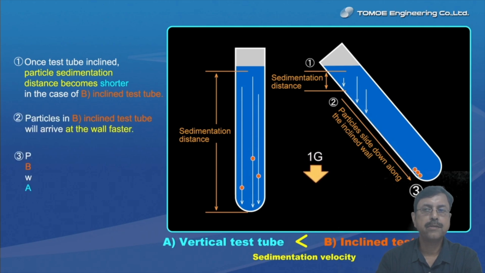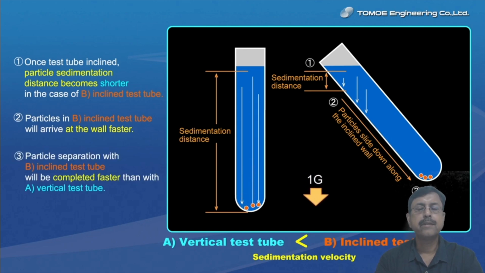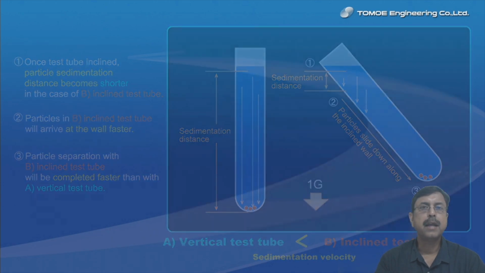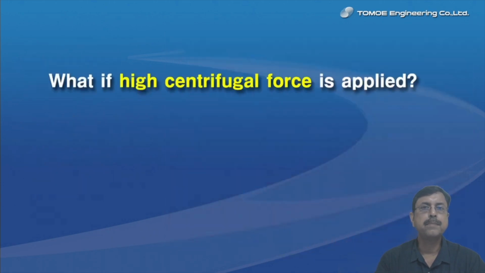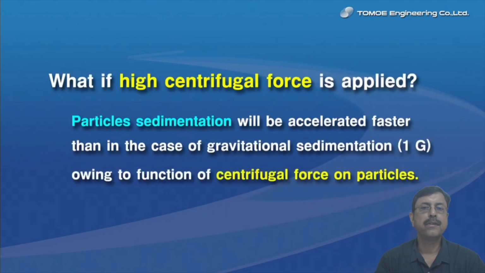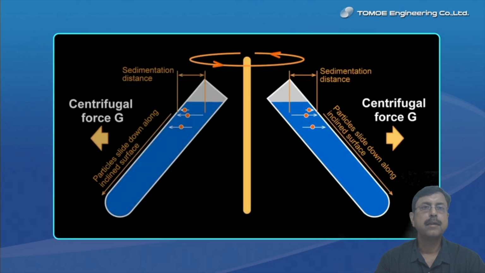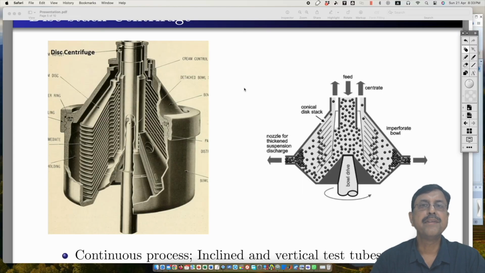For inclined test tube, it takes less time. And when these test tubes are inclined and they are rotated with a high speed, that is, if the high centrifugal force is applied on it, then what happens? You can see this is what happens due to the high centrifugal force. That's exactly the principle of the disk type centrifuge.